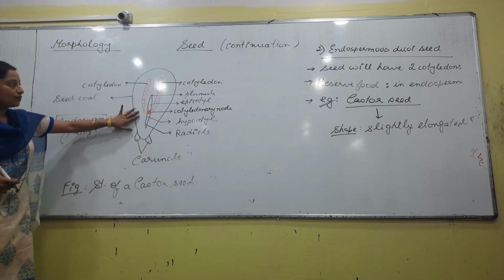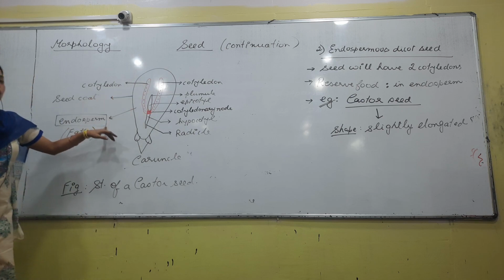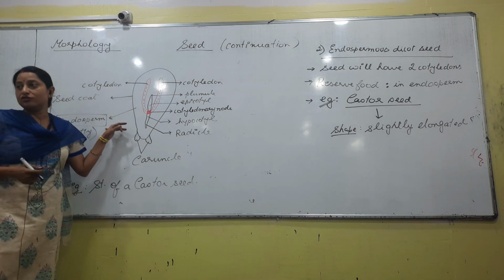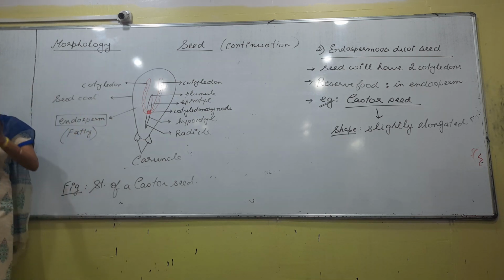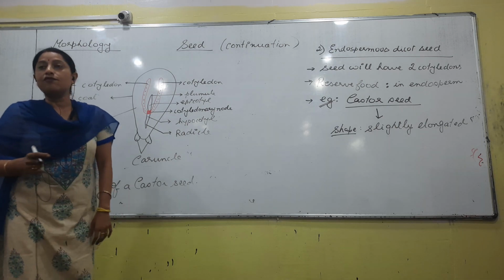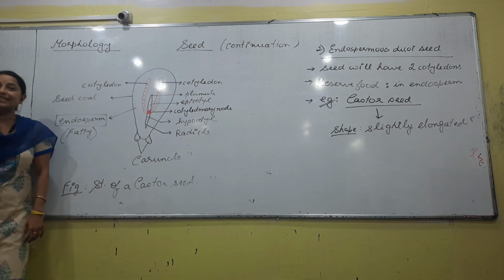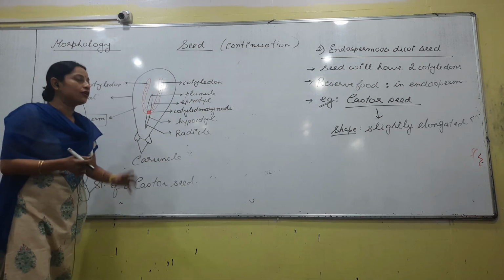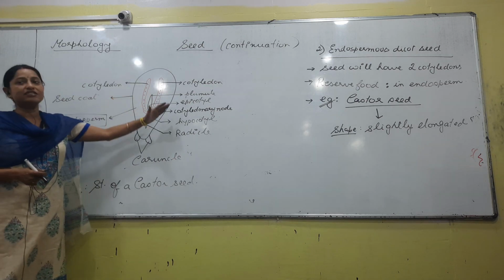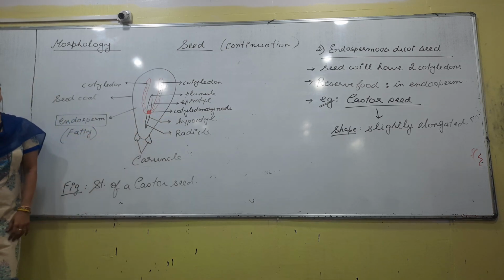But in this seed, if you are comparing the cotyledon and the endosperm, which is bigger? Obviously the endosperm. And I think we have already explained, when a seed is called endospermous, what is the type of division that occurs after fertilization. If you remember, we talked about the division of a particular cell called PEN, which had a ploidy of triploid. So, if that cell goes for a faster cell division, then the endospermous tissue would be more inside the sac and ultimately the seed would be called an endospermous seed.